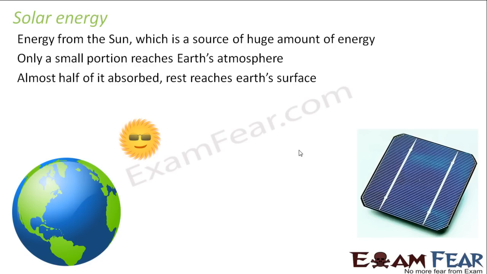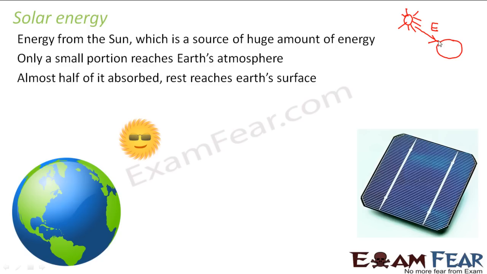Just imagine how much portion of the sun's total energy actually reaches the Earth's surface. It is something like this. Let us suppose this is the sun. The amount of energy which actually comes from the sun is E. This is the Earth's atmosphere.